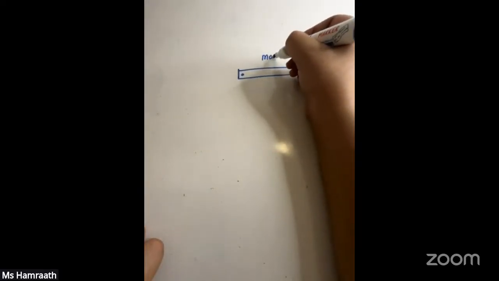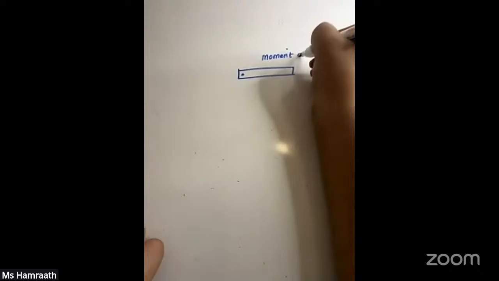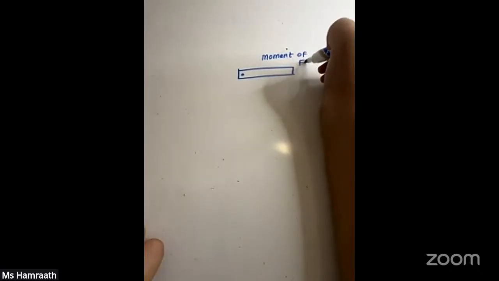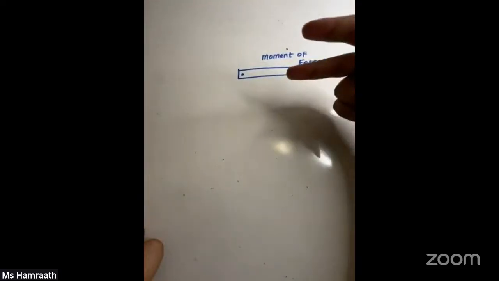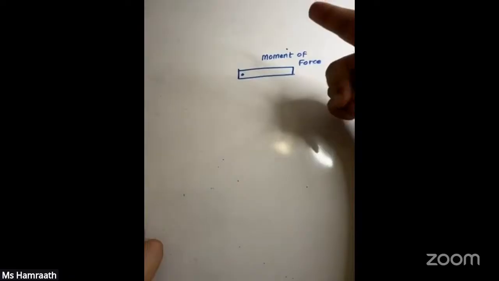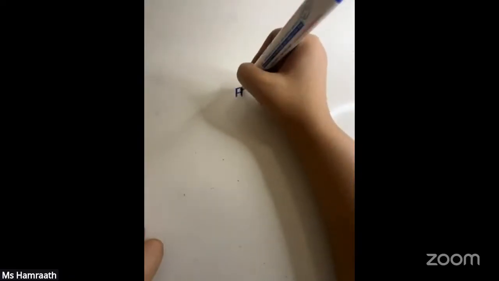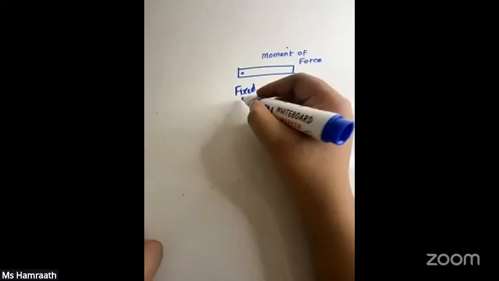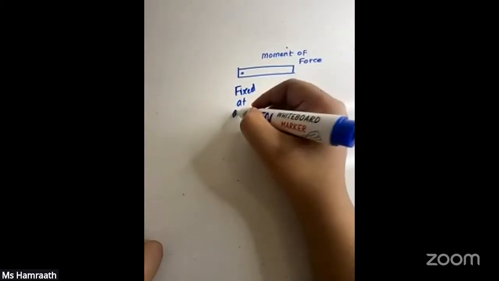We call it moment of force. In this moment of force, we have two conditions. If a moment of force has to take place, the first condition is the object should be fixed at a point.